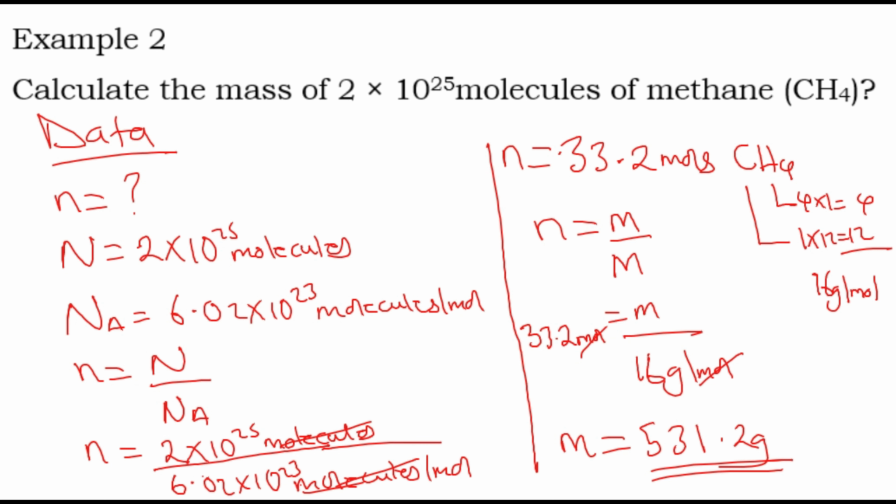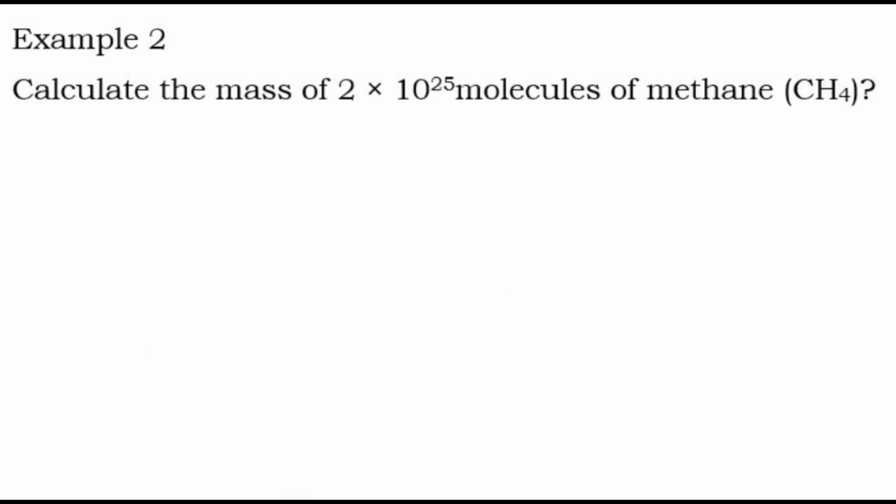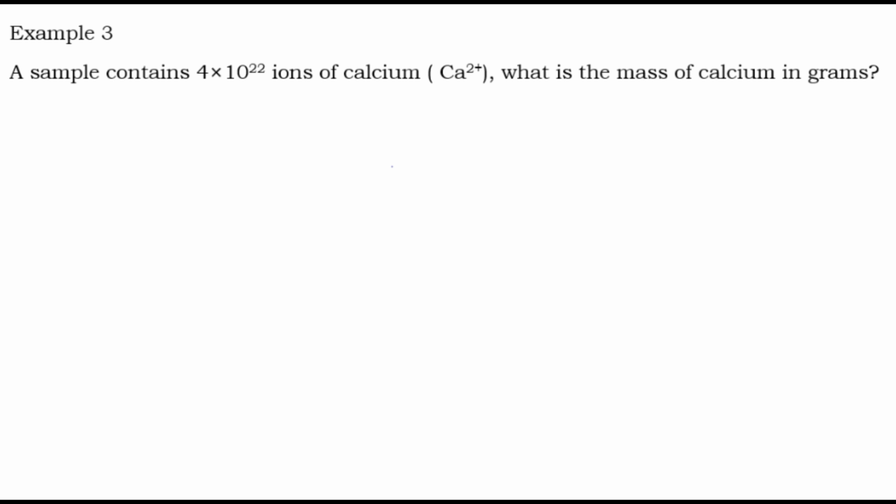Okay, now let's solve the last example. Example number 3 reads: the sample contains 4 × 10^22 ions of calcium. What is the mass of calcium in grams? First things first, we need to determine the number of moles using two formulae. Number of particles over the Avogadro's number is equal to number of moles.